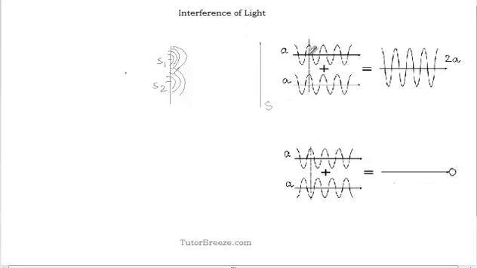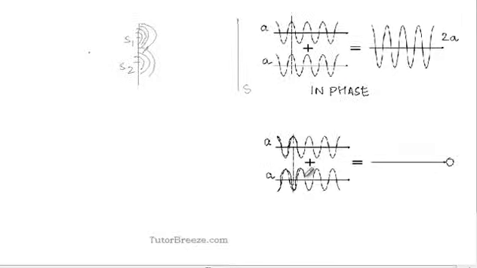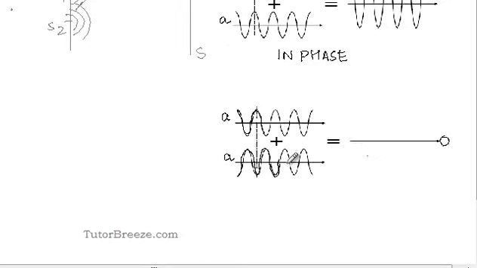If you notice, when the waves are meeting in this case, they are in phase with each other, and at each point, if we add up the effect of the two waves, we get a wave which looks like this. Whereas in this case, you have one wave and then you have the other wave which meets it, but it is out of phase. There is a phase difference of 180 degrees or pi.